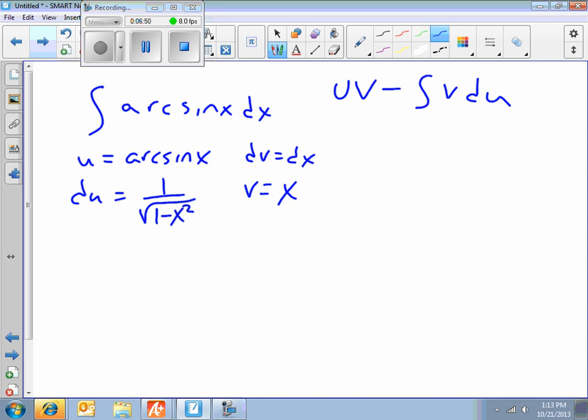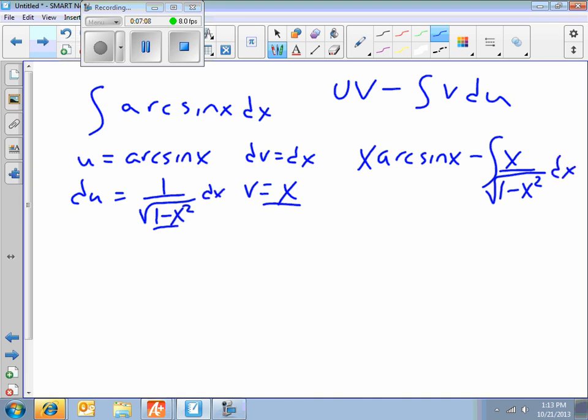So setting this up, we have uv, so x arc sine x minus the integral of v, which is x, du, which is 1 over the square root of 1 minus x squared, and that is dx, by the way. So that's putting those together. Well, this is simply u substitution. So I'm going to choose another u.